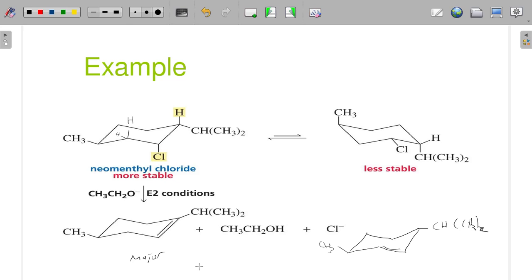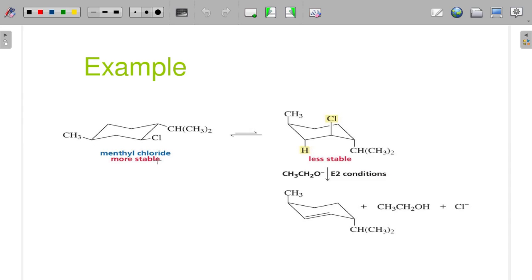And something else that helps us out, since both these two groups are equatorial, that's going to help force this chlorine to be in the axial position always. So we're going to get a lot more rapid reaction with that particular molecule. However, if I actually put all of my groups equatorial, the only way for this to react is to get all of them axial.